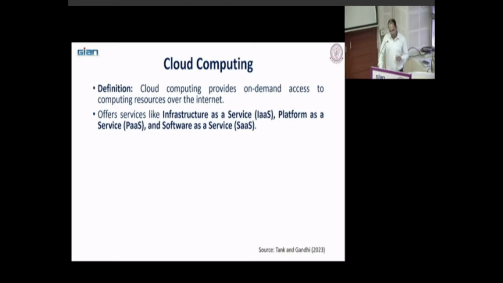Cloud computing provides on-demand access to computing resources over the internet. For example, Netflix and YouTube are parts of cloud computing. They manage a huge amount of data. It offers services like infrastructure as a service, platform as a service, and software as a service. Based on what the company requires, they provide different options.